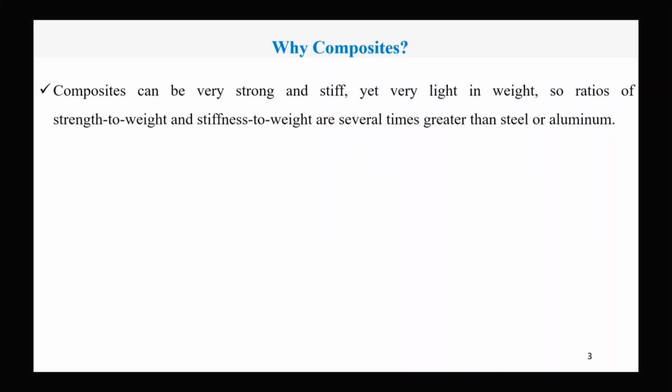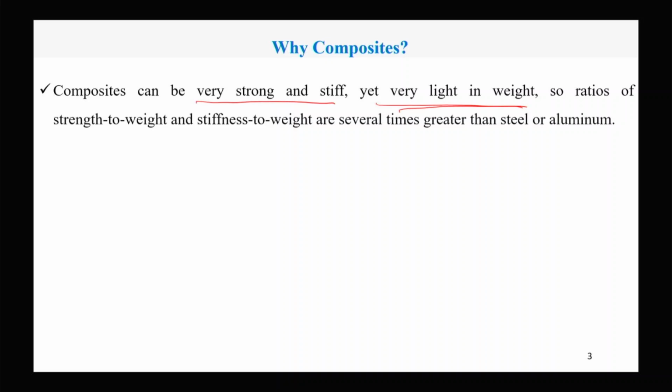So basically for composite, enormous applications are there. The basic advantage of composite is that they are very strong and stiff. They can be very strong, very stiff, and at the same time the weight is very low, very lightweight.